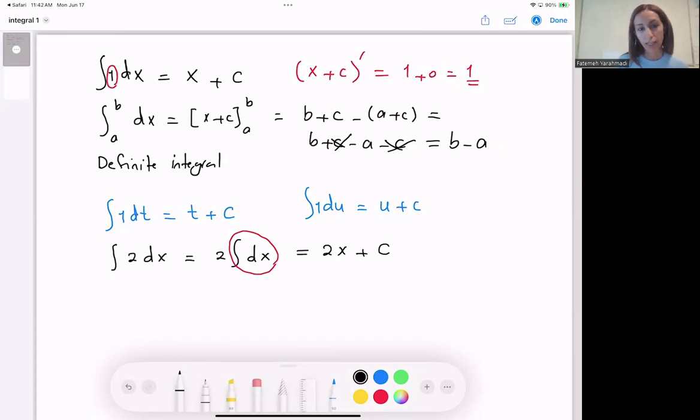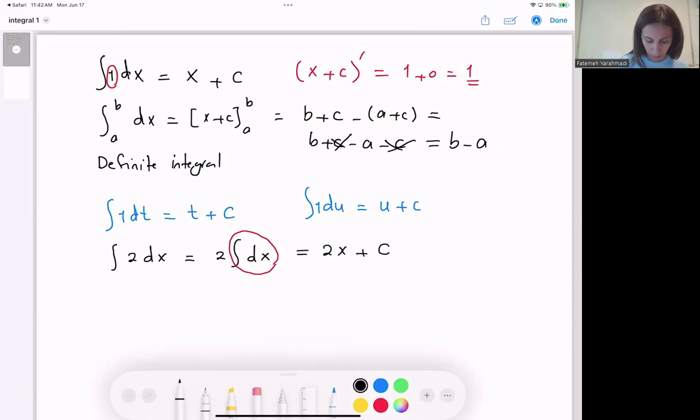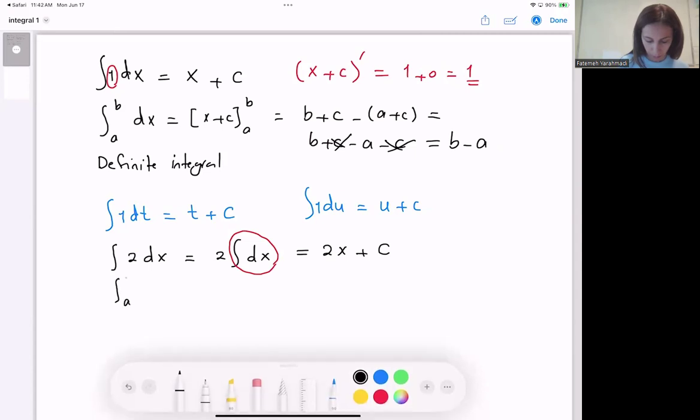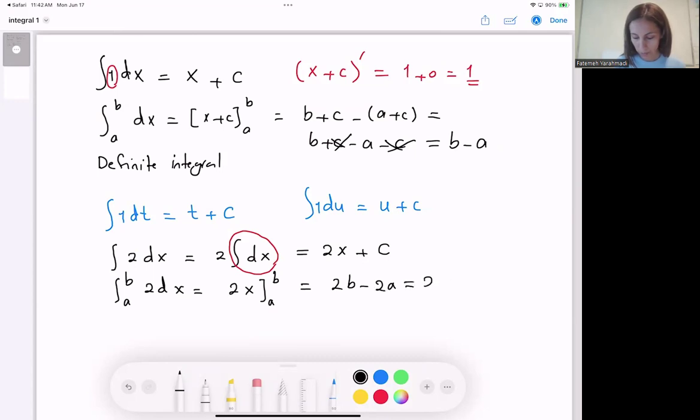Now, what if we want to calculate the definite integral of 2 dx? The definite integral of a to b of 2 dx is equal to 2 times x as x ranges between a to b, which is basically 2b minus 2a, or if you factor out 2, you get b minus a back, right?